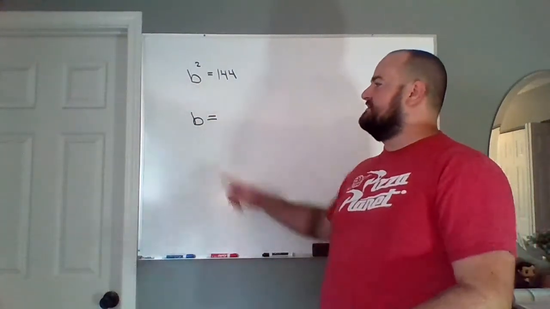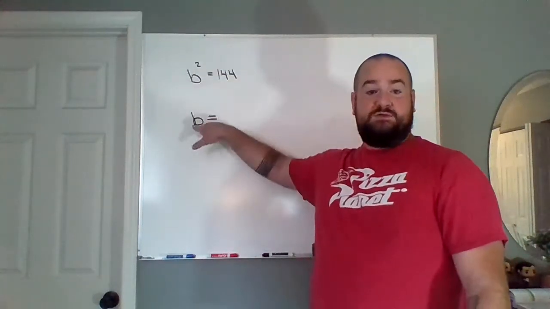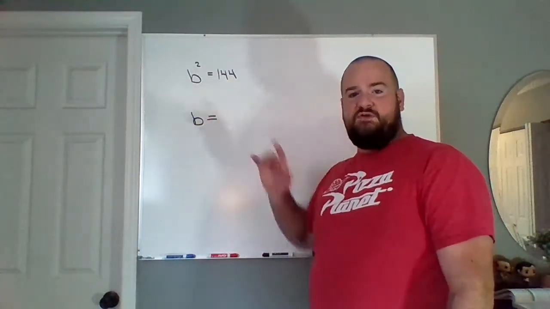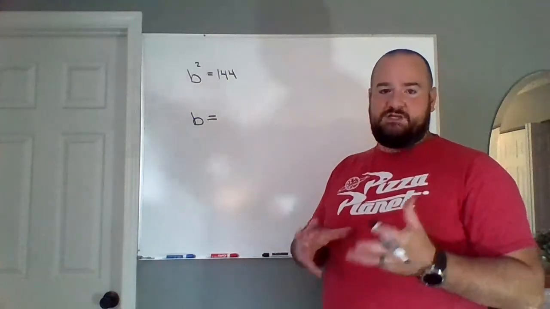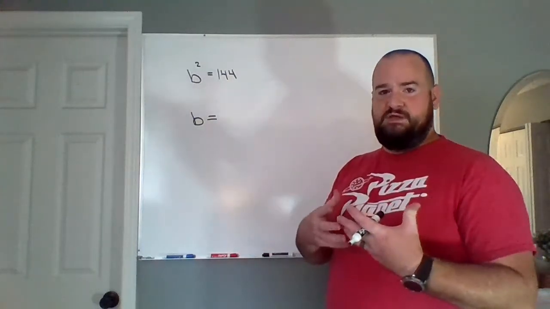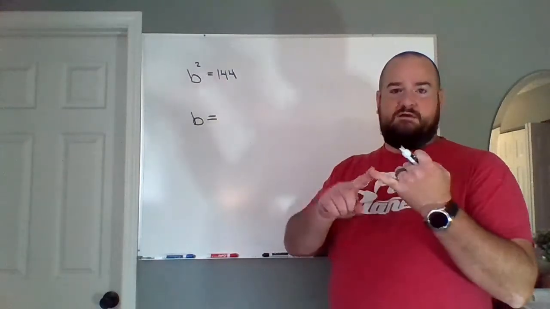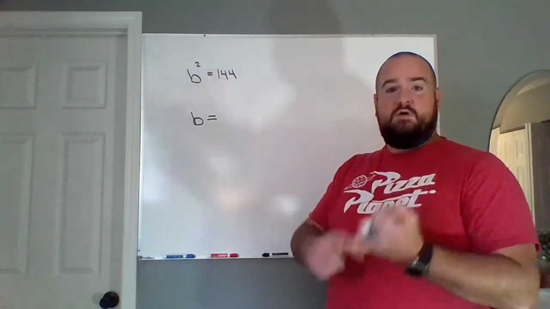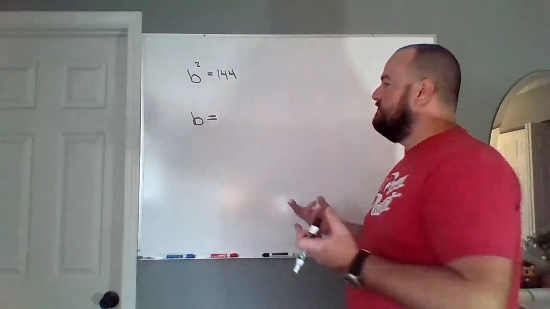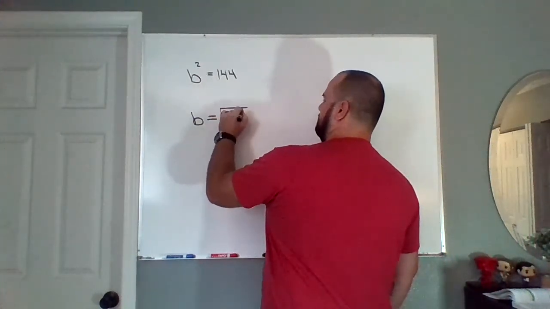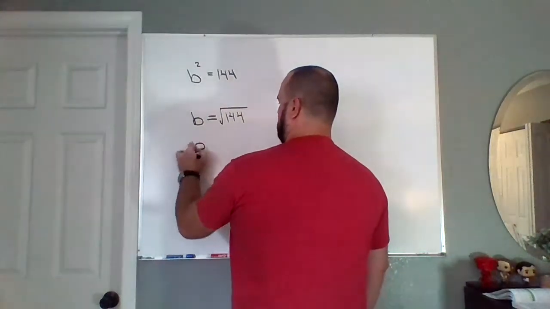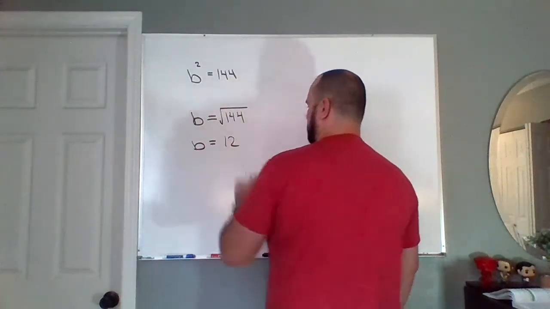So I have to ask myself, how can I get from b squared to just b, or in other words, b to the first power? If you remember from section 2.2 on rational exponents, we could either use a 1/2 exponent, or we could square root. So very simply, b is equal to the square root of 144. So b equals 12.